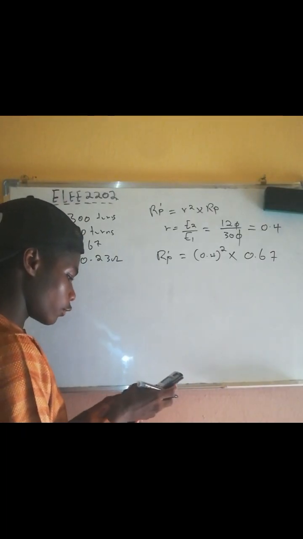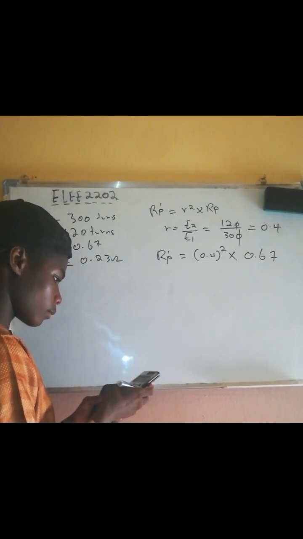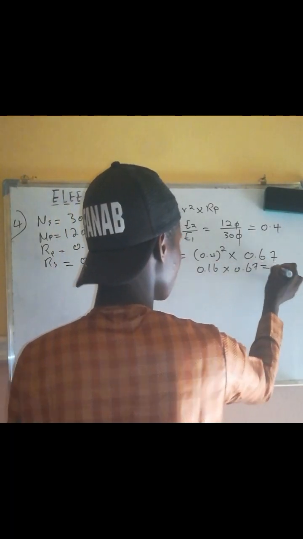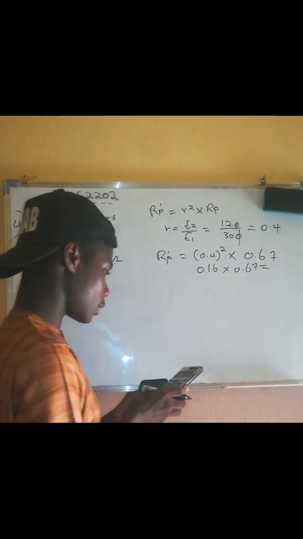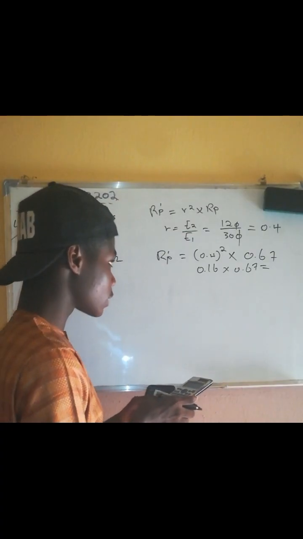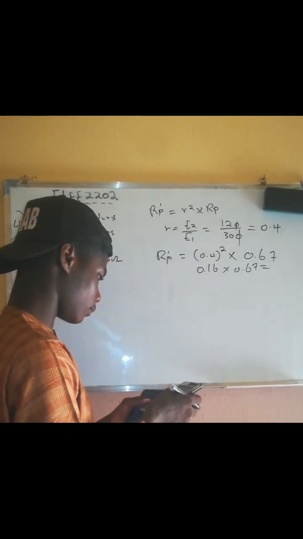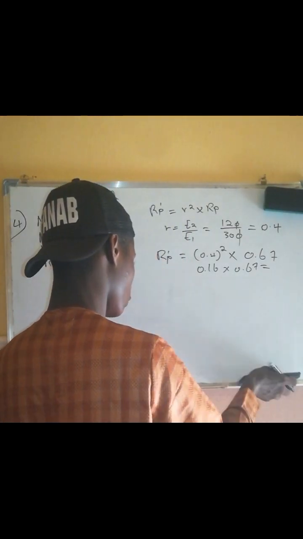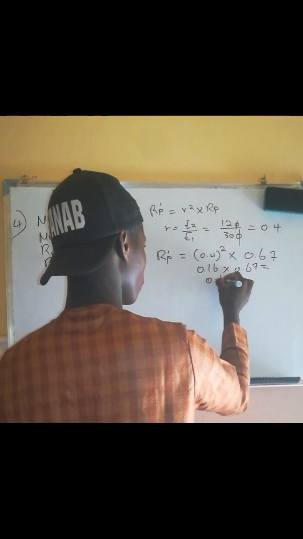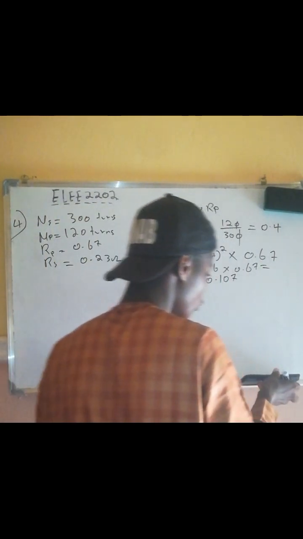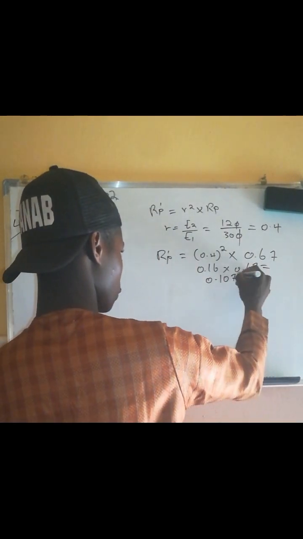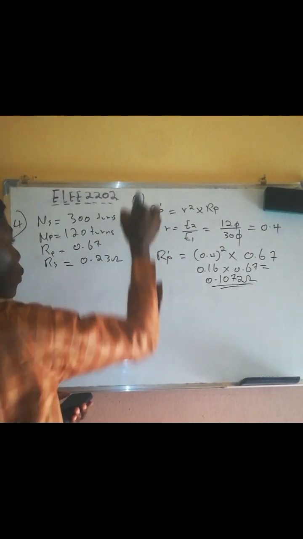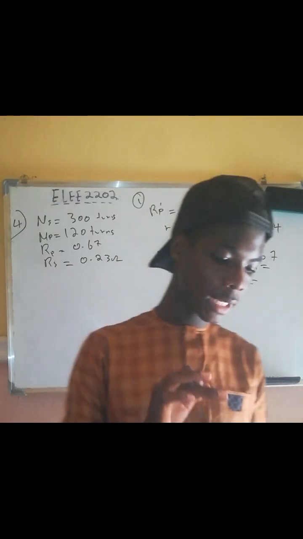So 0.4 squared is 0.16, multiplied by 0.67, and we are having 0.1072.